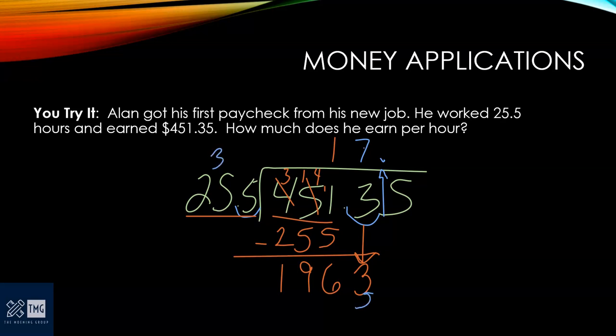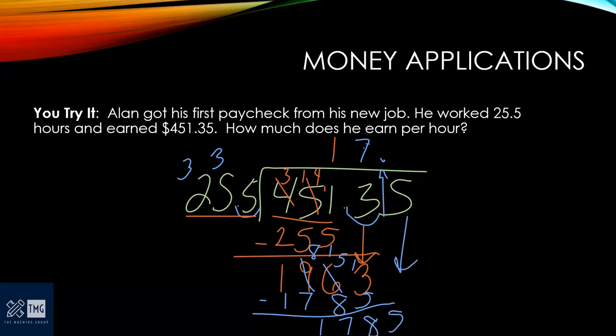7 times 5 is 35, carry my 3. 7 times 5 is 35 plus 3 is 38, carry my 3. 7 times 2 is 14 plus 3 is 17. And we subtract. So again, I borrow. 15 minus 8 is 7. 8 minus 7 is 1. Bring down my 5.